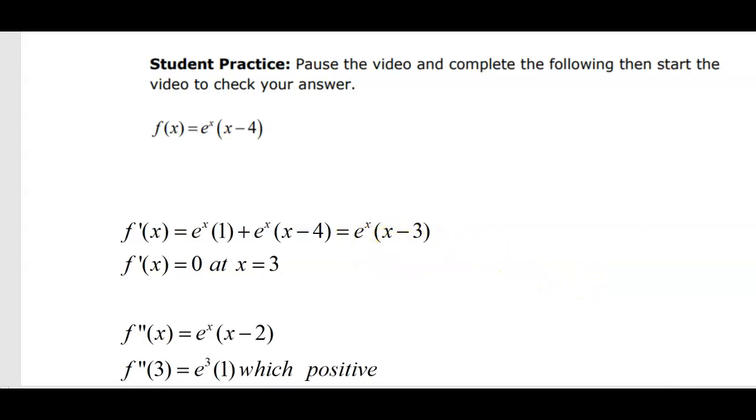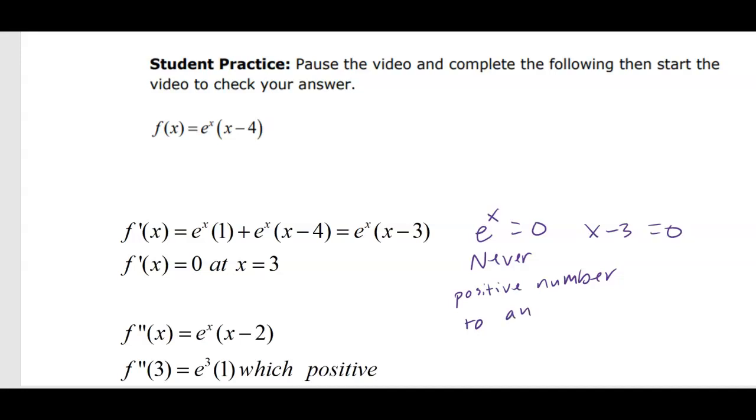Now, e to the x times x minus 3, you would solve by setting both factors equal to 0. But e to the x is never 0, because a positive number raised to an exponent is never 0 or negative.